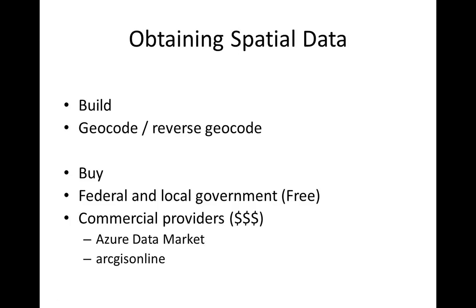All that stuff came from the Tiger data source. There are also commercial providers. Azure Data Market has a couple of providers with different data, as well as ESRI, which has ArcGIS Online where they provide what they call base maps, and then they have shapefiles that have attribute data, and we'll talk about that a little bit more.